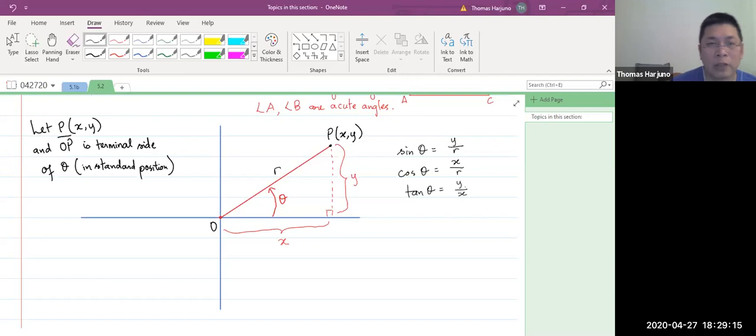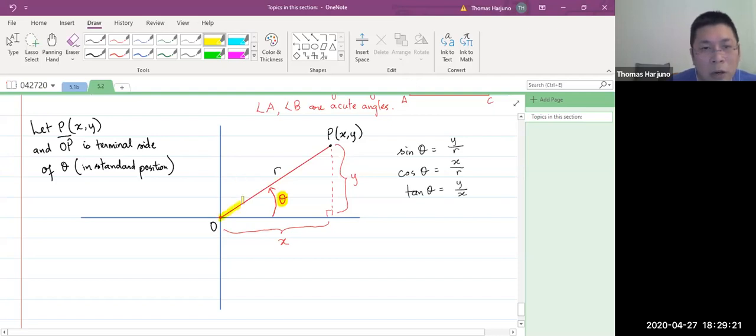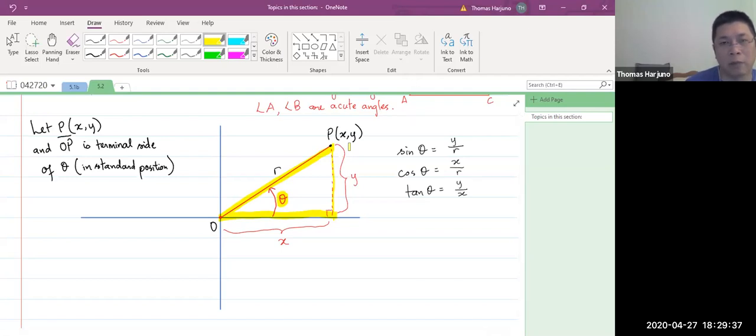So for example, if this is our angle theta and this is our right triangle, then sine theta will be the opposite over hypotenuse. Cosine theta is the adjacent over the hypotenuse, and tangent theta is opposite over adjacent.